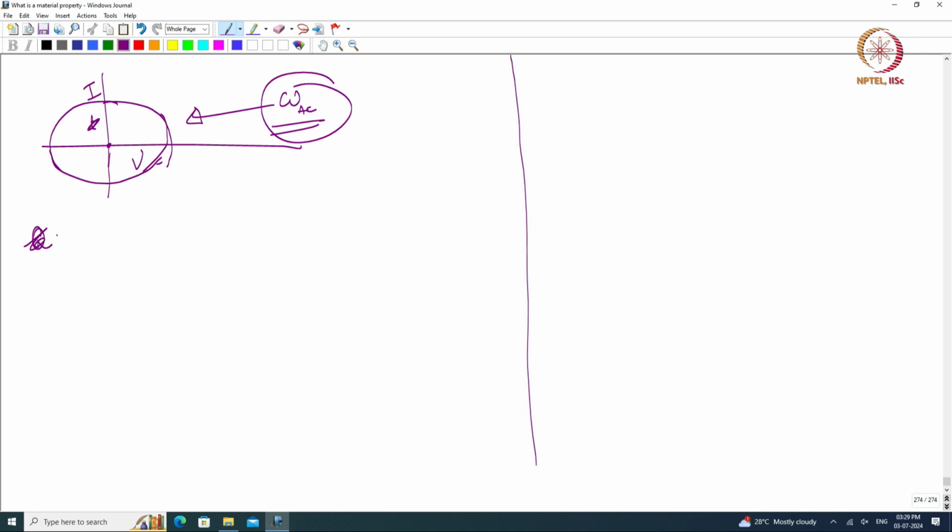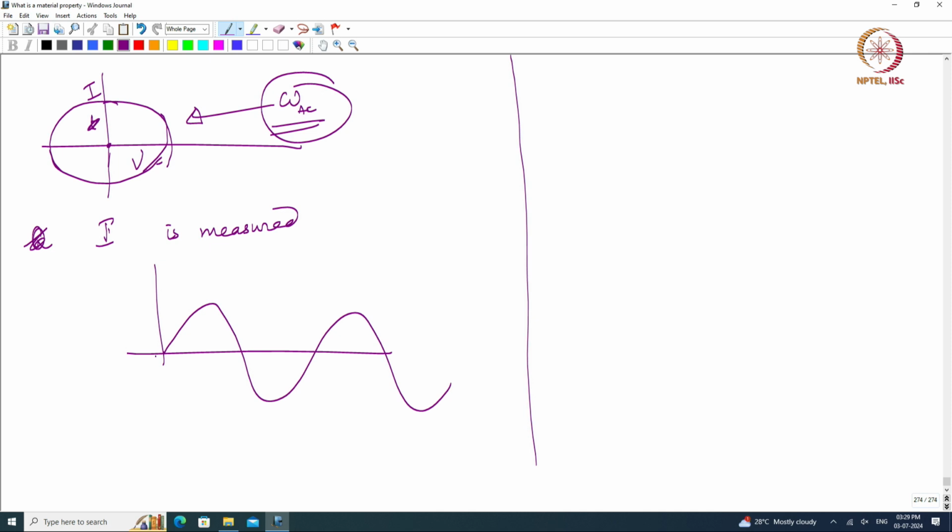Okay, good. Now, how do I get charge from here? I measured the current. So, current is measured. I indeed have a dependence of current with time. Current with time is going like this. Then how do I get charge? Charge is nothing but Q equal to integral I dt. So, I have to integrate this curve, and when I integrate this curve I get back my cosine dependence.